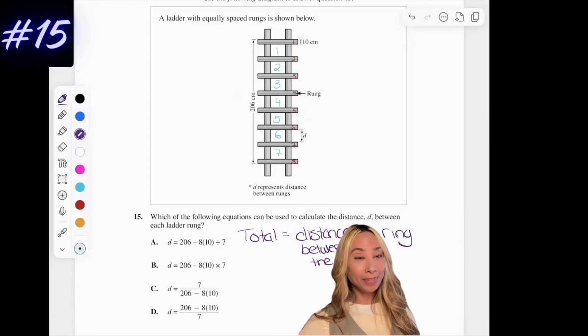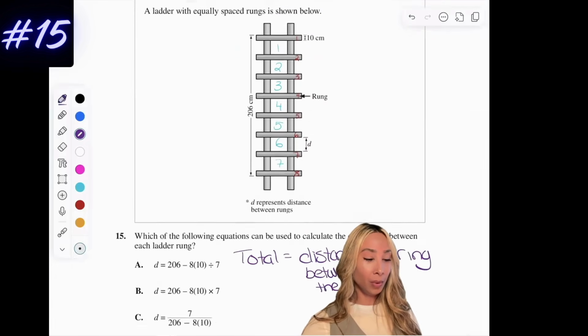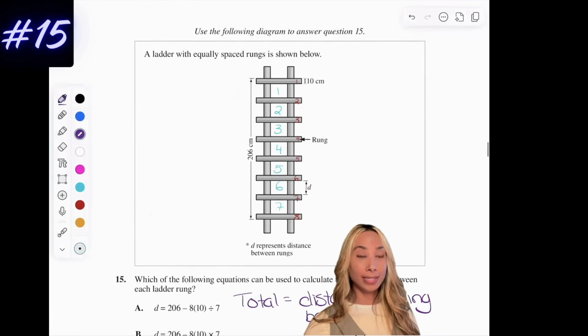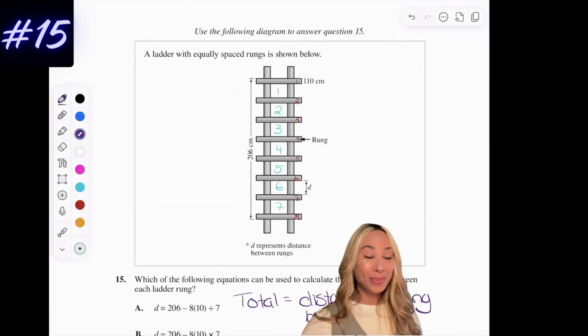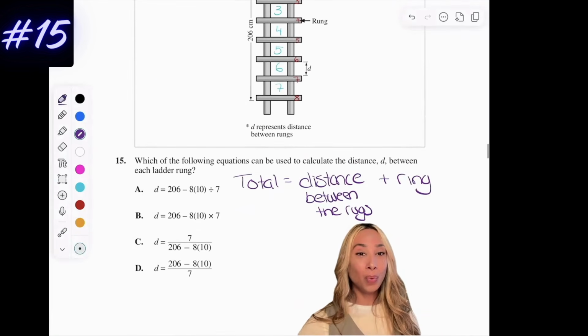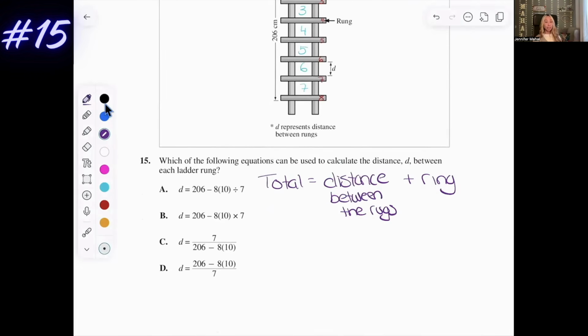All right, number 15 here. So we've got a ladder here, and it says a ladder with equally spaced rungs is shown. We want to find out which of the following equations can be used to calculate the distance, D, between each ladder rung.